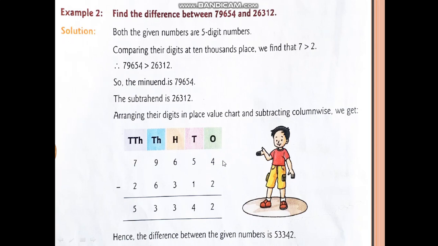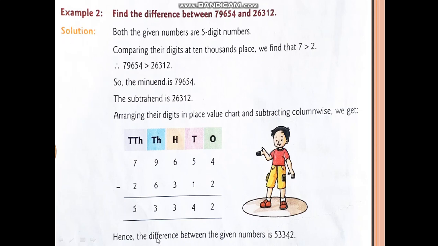We start writing from right to left: 4, 5, 6, 9, 7. Then the subtrahend: 2, 1, 3, 6, 2. Start subtracting from the ones place: 4 minus 2, 2; 5 minus 1, 4; 6 minus 3, 3; 9 minus 6, 3; and the ten thousands place 7 minus 2, 5.